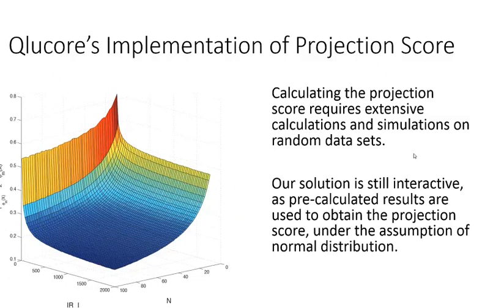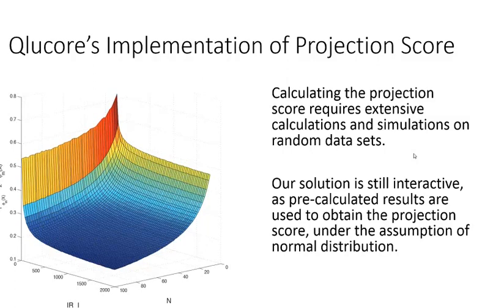But then you would lose the interactivity. And one of the main parts of Qlucore Omics Explorer is that the analysis for most parts is completely interactive. You have a slider, you drag the slider, and you see immediately the change in your data.